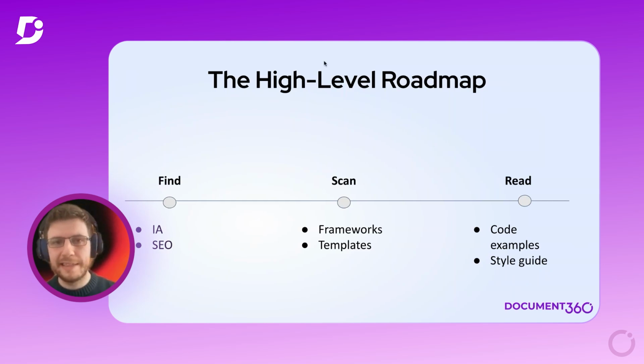Same with scan. The next stage is, okay, I'm going to make sure all the pages follow a template and a framework. By doing that, you create consistency and confidence in your product, because the user understands that no matter where they land on your doc site, they'll be able to find the information that they need. And finally, read.